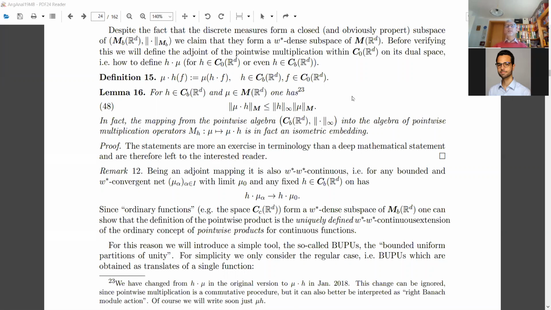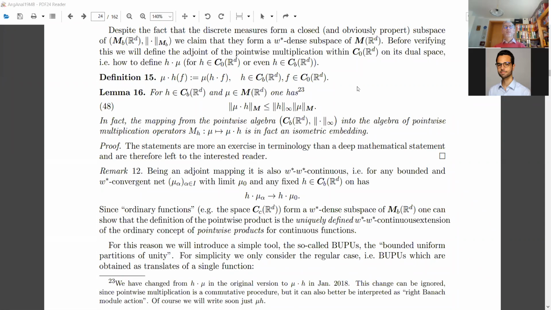We will build L1 from the bounded continuous functions, so the nice easy test functions within M of B. So we will take limits in the same way as we take limits of discrete measures from finite to infinite discrete measures. We will do it and we'll get exactly the same space, but in a more elegant way.